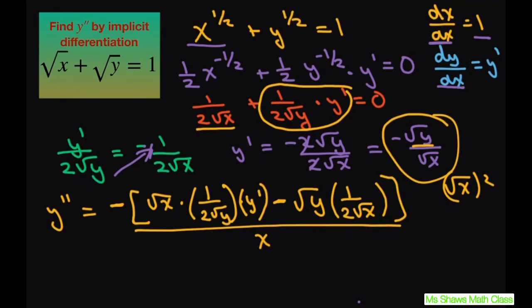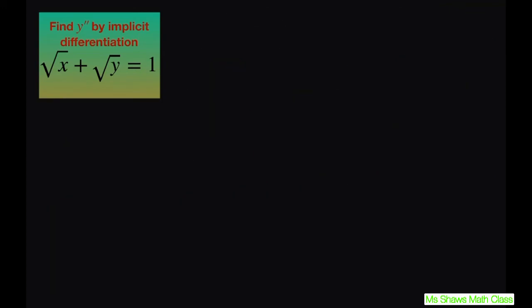Okay, on the next step, what I'm going to do is substitute this right here for my derivative here. So when I rewrite it, you have the negative here. So you have square root of x, and I'm going to go ahead and write this as square root of y, I just put it together, times negative square root of y divided by square root of x.